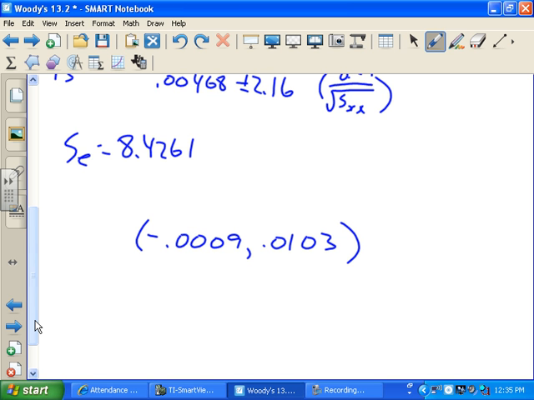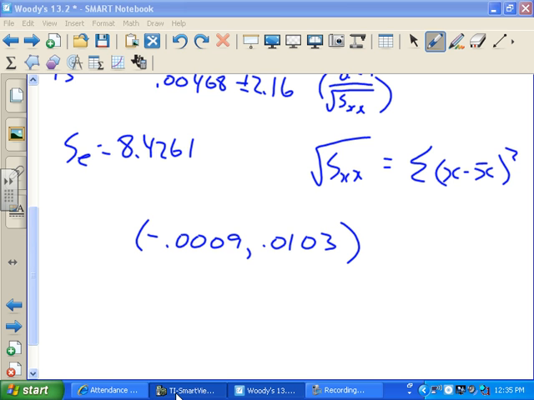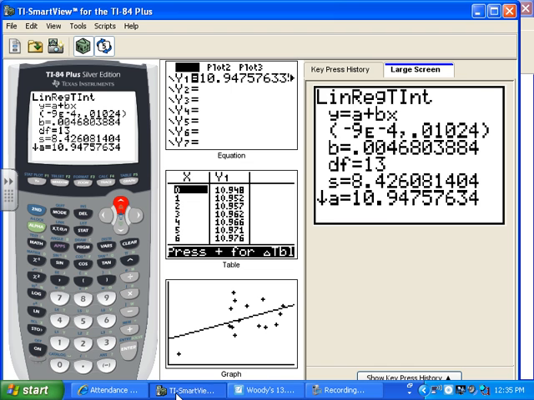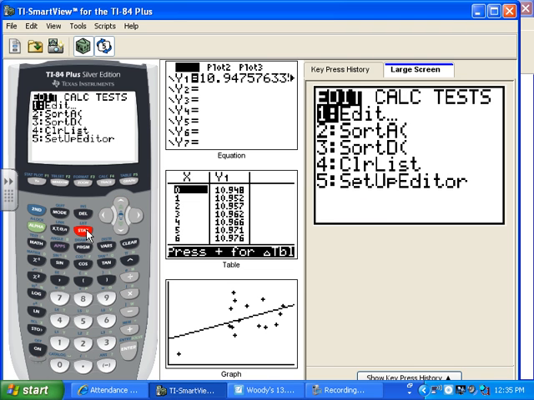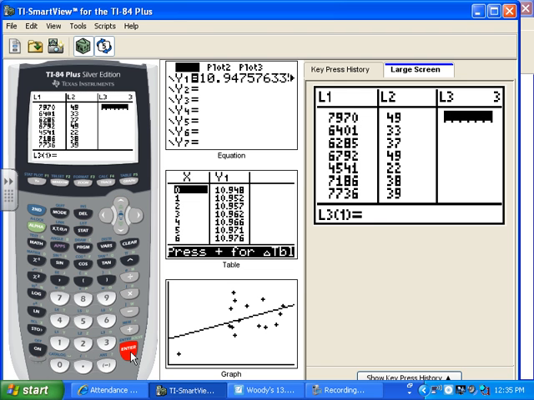I'll show you how to calculate the standard error. The square root of SX, you're going to have to go in your calc and do. That's the sum of X minus X bar squared. If you want to do that, you've got to go here, stat, edit, and I've got to average X bar.